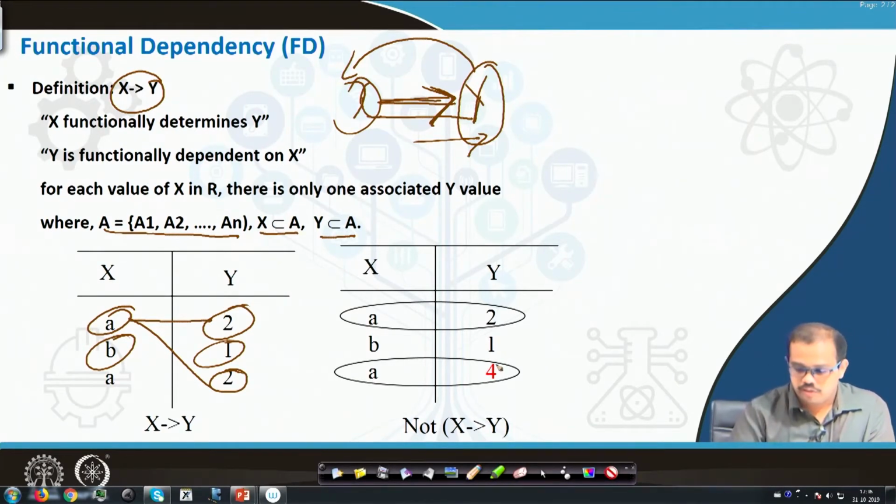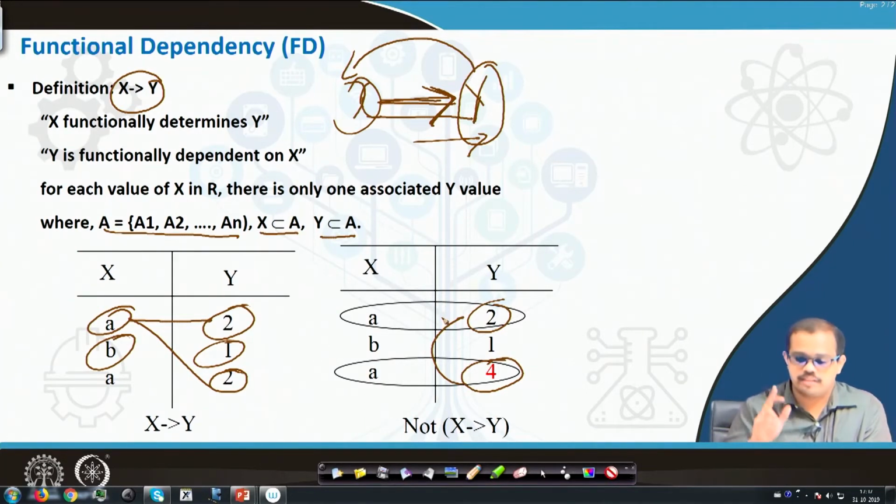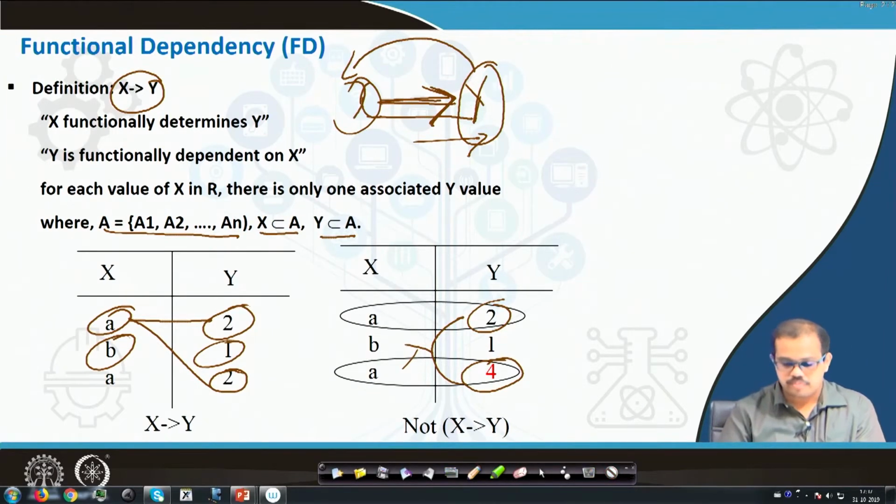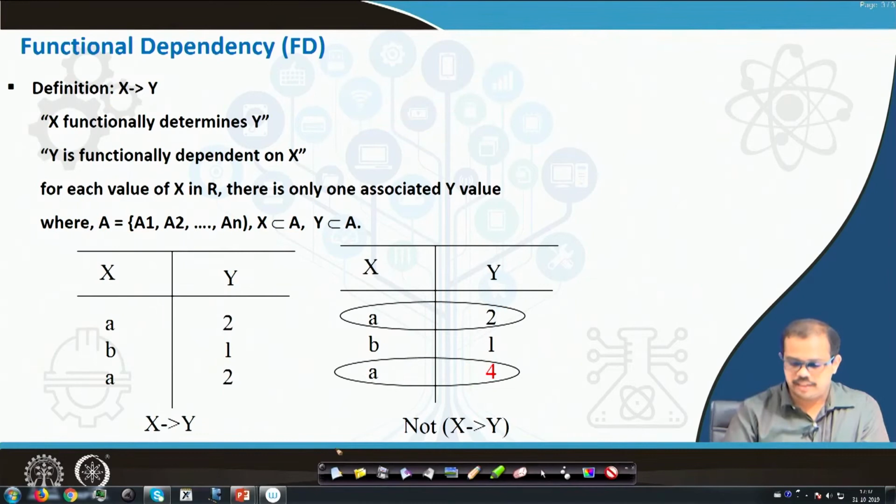But when you look at this, this particular value is 4 and this particular value is 2, you cannot have such a dependency for a single particular attribute. So, y is not functionally dependent on x, it cannot be determined. So, this is about functional dependency.